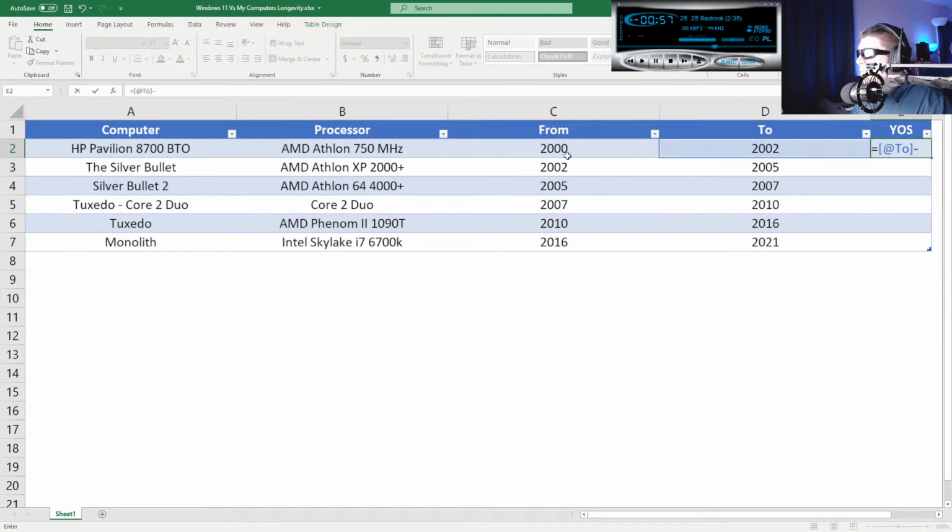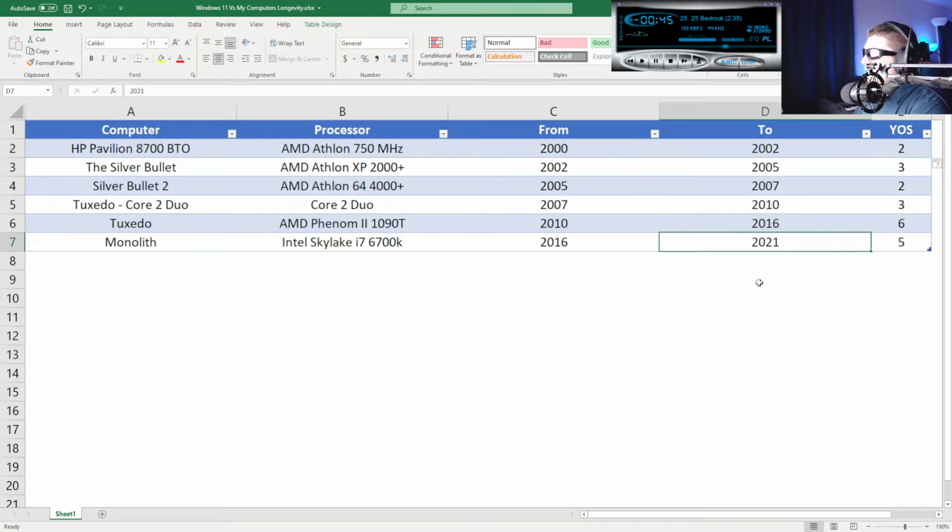Notice how it's putting field names in there instead of D2, C2. That's the fun part with doing this type of stuff. The thing is, though, Windows 11 as a free upgrade isn't coming out until 2022, so this is the years of service that we're looking at in terms of all these systems.